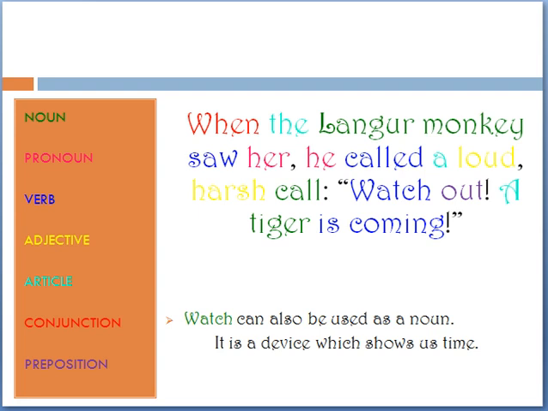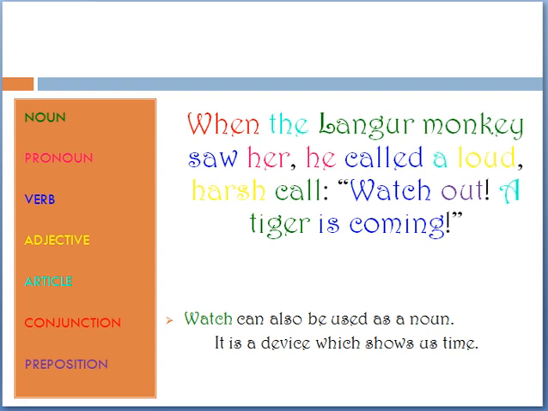Watch out, a tiger is coming. Now here the word watch can be used in two ways, as two different parts of speech. One is noun, another is verb. Here in the sentence it is used as a verb. Watch here means look, to see something.